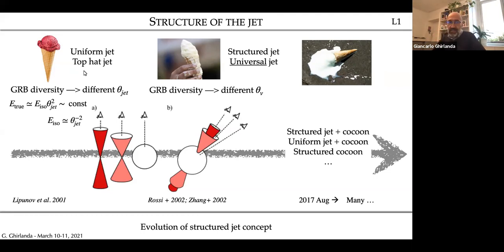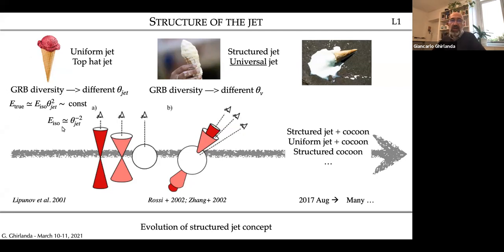The core, in my opinion, of interpreting the GRB population with a uniform jet is that in order to justify and interpret the diversity of the properties of GRBs, like the observed energetics, but also other properties, people thought about having within the population GRBs with quite different opening angles.